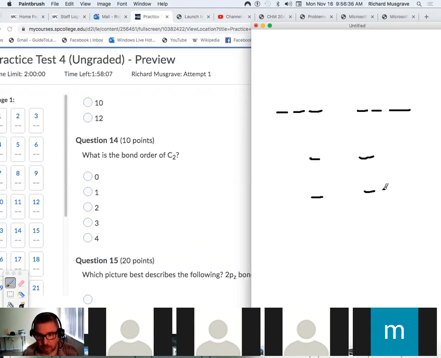So it's always 1s. And now 2s and 2p. Now carbon and C2. So we've got carbon is 1s2, 2s2, 2p2. It's got 6 electrons. And when I fill those, we do 1, 2, 3, 4, 5, and 6. And we do that on both sides.